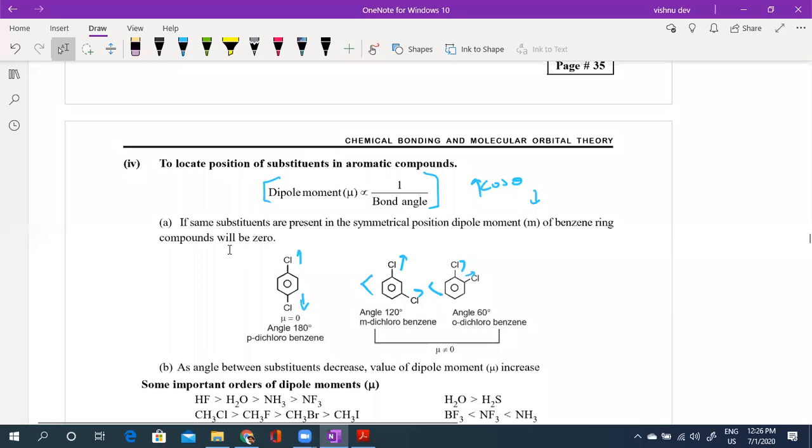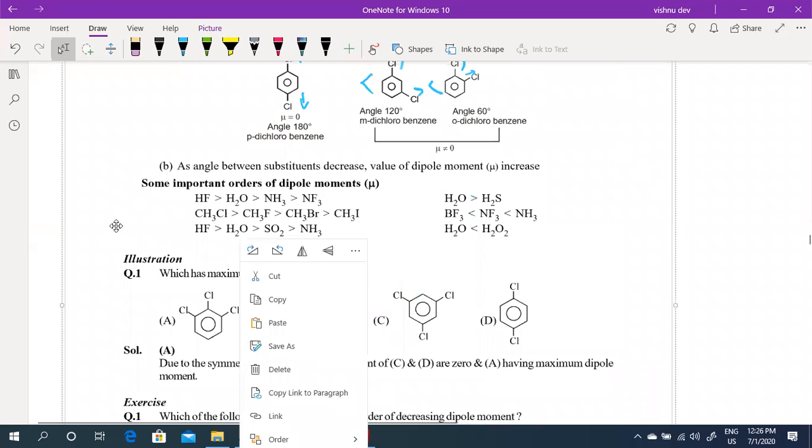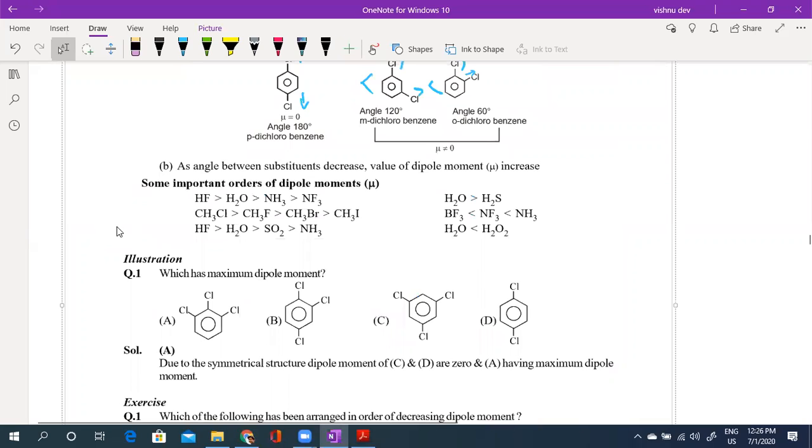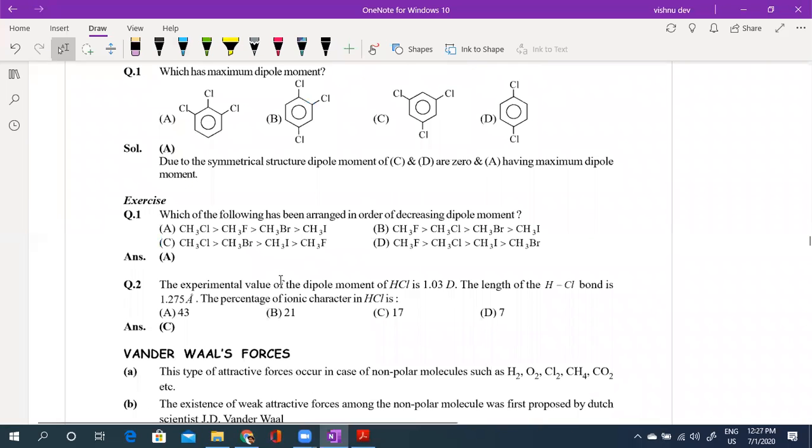Got it? Right? Now these are some important orders that you have to figure out and remember. ठीक है, ये तुम लोग एक बार अच्छे से समझ के याद कर लेना, बहुत question पूछता है. ठीक है, so I guess dipole moment cover हो गया होगा. ये questions कर लेना, ये काफी अच्छा question है by the way. और एक और अच्छा question है जिसका हमको answer चाहिए. Dipole का order CCl4, CHCl3, CH2Cl2 और CH4, इसका order हमको चाहिए.